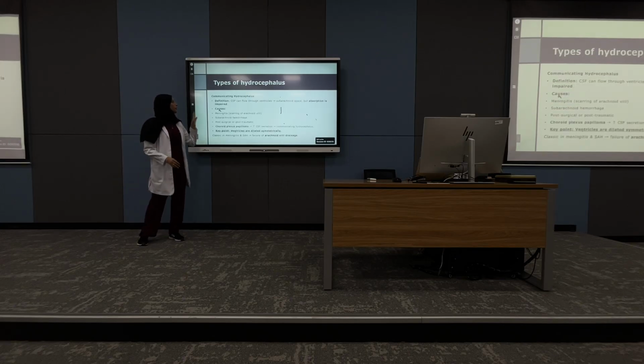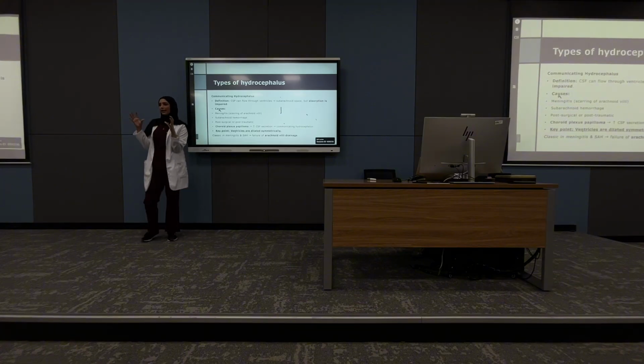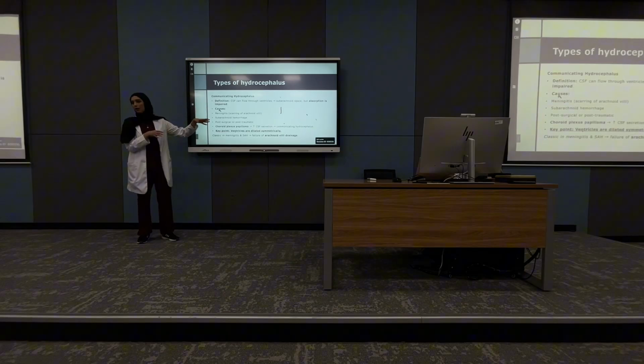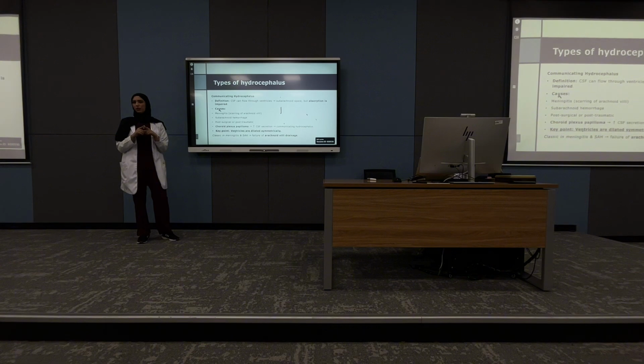Alright, types of hydrocephalus. We'll start with communicating hydrocephalus. From its name, communicating, there's no blockage. So cerebrospinal fluid will be able to flow through the ventricles, then to the subarachnoid space. There's no blockage, but why is there some sort of obstruction?